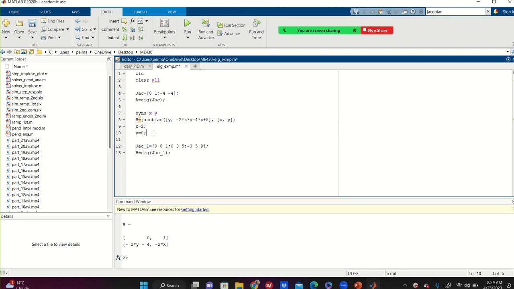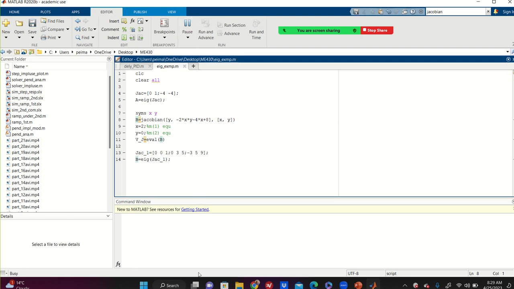I'm just commenting here to make you understand, because this is your M1 and this is your M2, the equilibrium point. So the value of the Jacobian is eval, which is a command in MATLAB, of B. Eval of the Jacobian by putting these numbers inside.